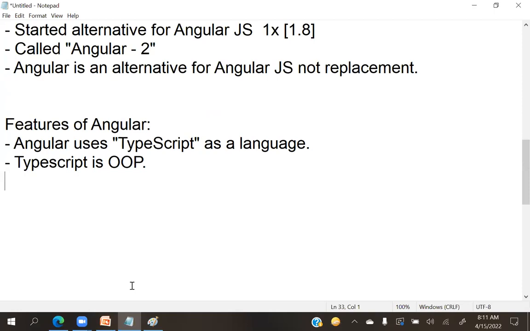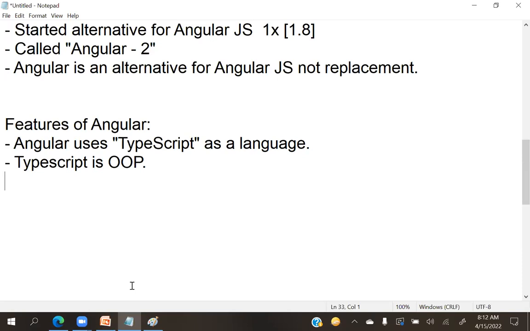Finally, your software uses JavaScript, but you will not directly write JavaScript. You will write in TypeScript. Just 2-3 days back, Microsoft made a trial run of TypeScript directly running on the browser, and they were successful. That is a great revolution in web technologies.